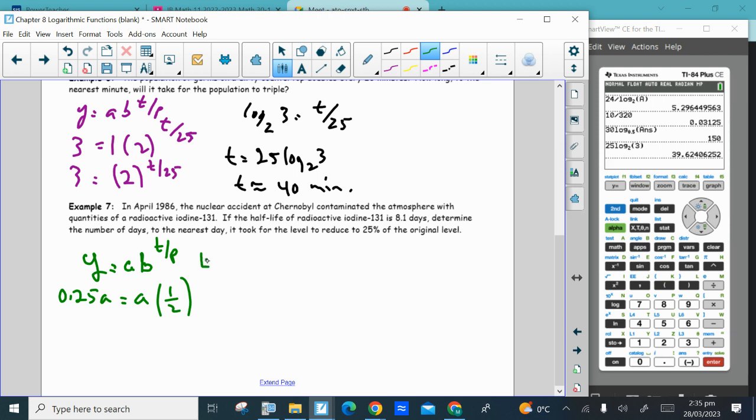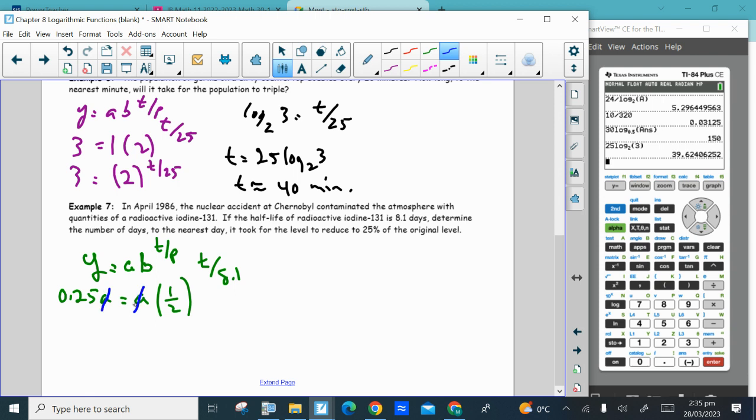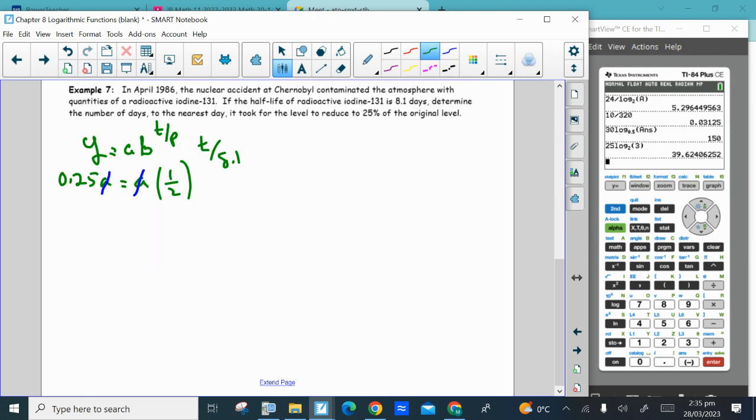We want to know how long it took, so we want to know what t is if the half-life is 8.1 days. You can divide both sides by the a, and they will cancel. So now we will convert from exponential to logarithmic. It'll be log with a base of a half of 0.25 equals t over 8.1.